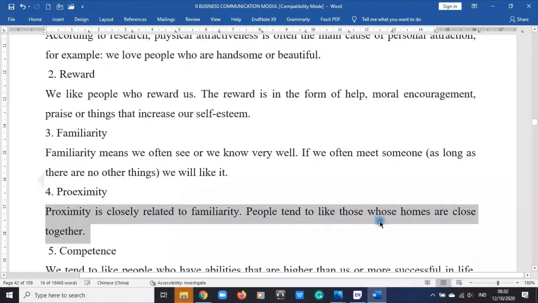For example, if people are neighbors, then usually you will like them more than strangers, because you live next to each other.